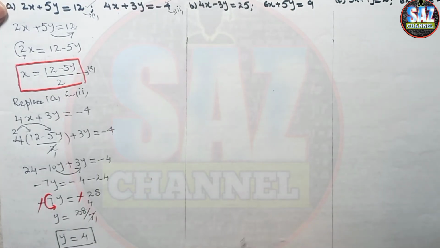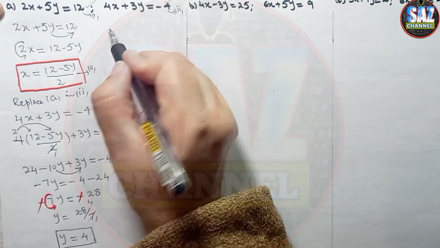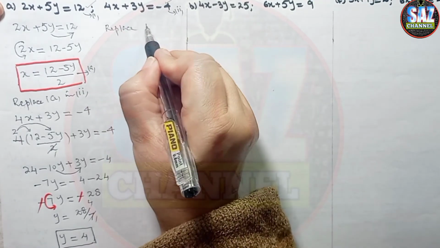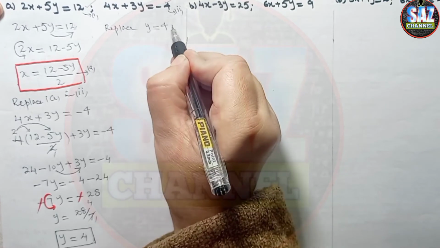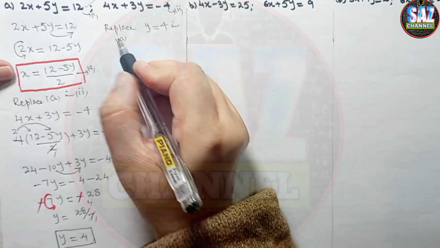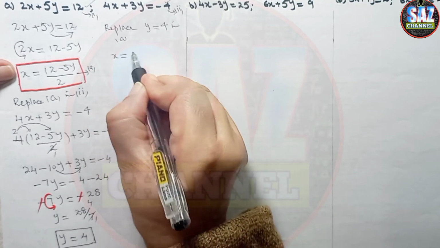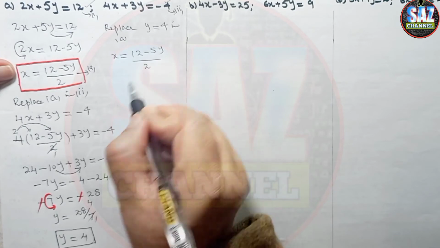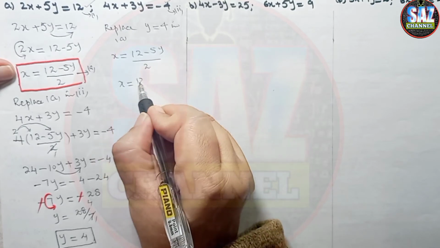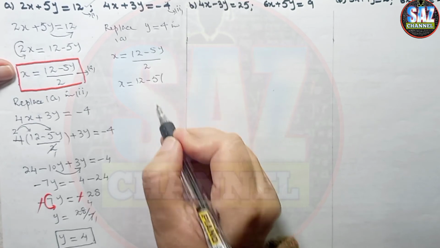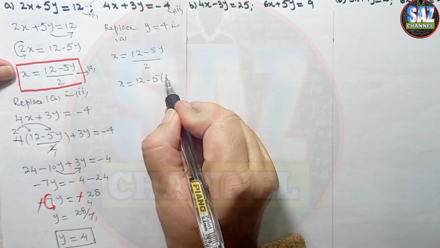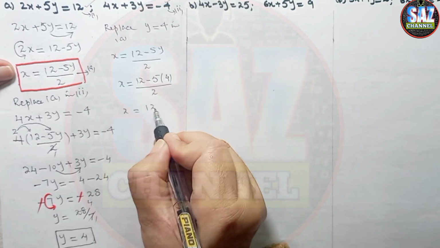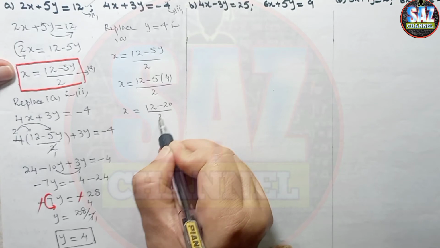Now what I have to do in order to get value of other variable, replace y equal to 4 in A, and that is x equals to 12 minus 5y by 2, and x will take the form 12 minus 5 times 4 upon 2.